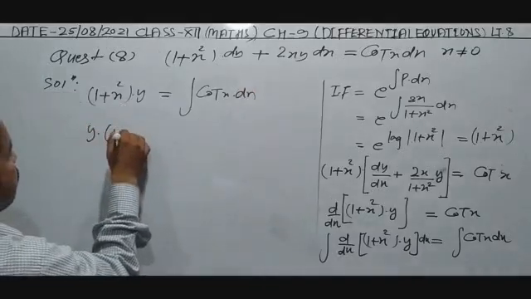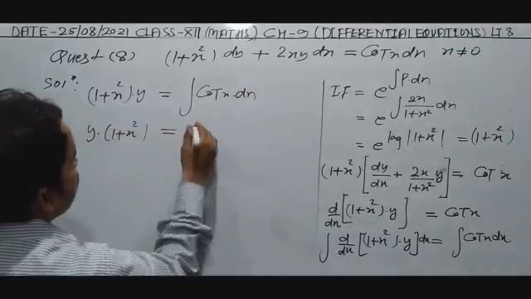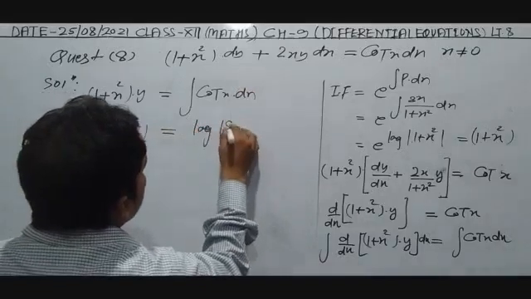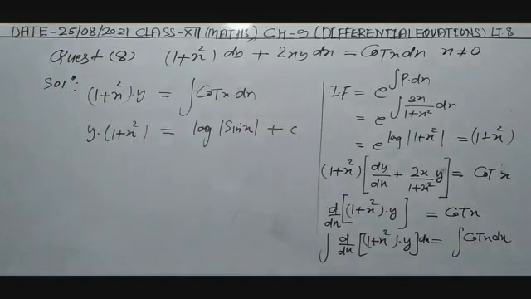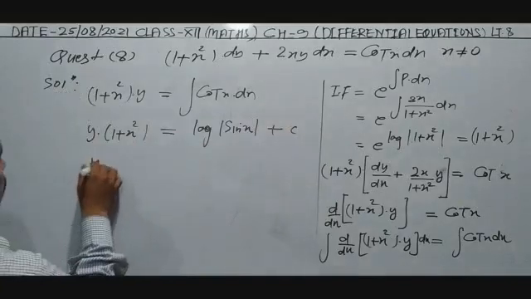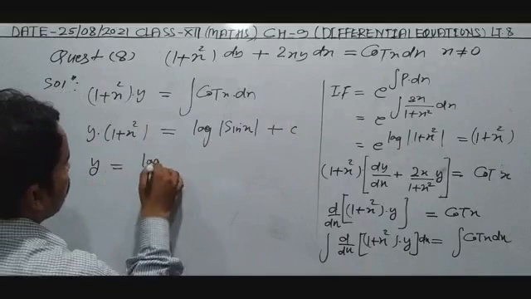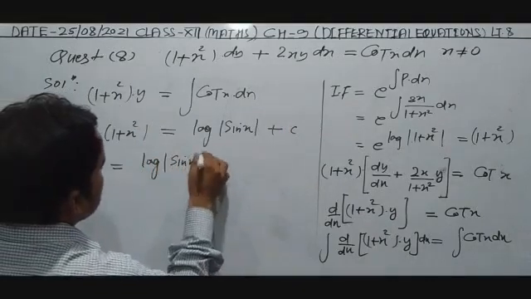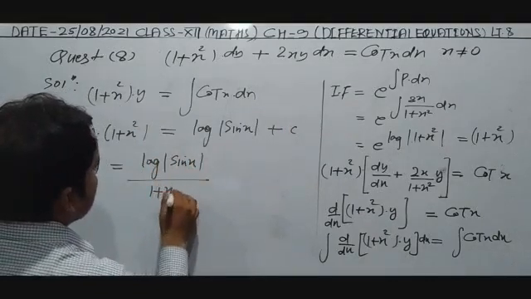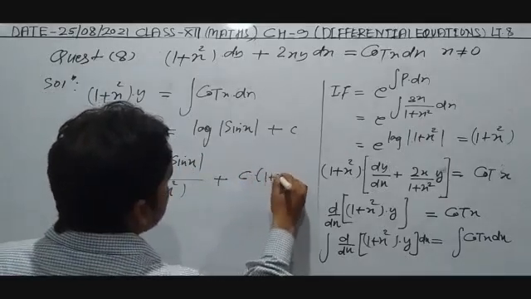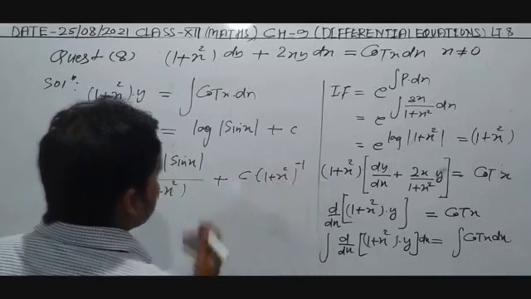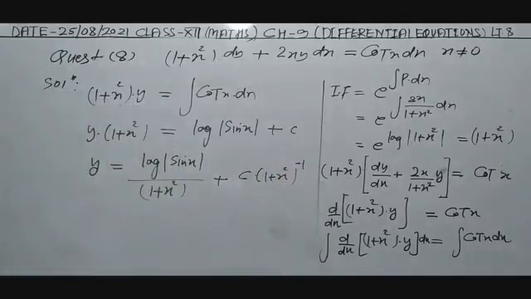So y times (1 plus x square) is equal to log of mod of sine of x plus c. Now y is equal to log of mod of sine of x whole upon 1 plus x square, plus c times (1 plus x square) to the power minus 1. So this is the required general solution of the given differential equation.